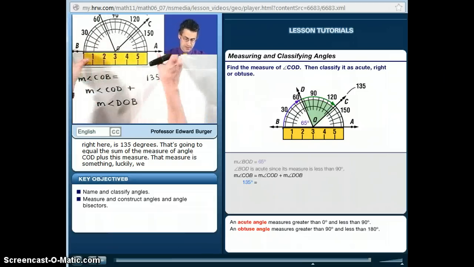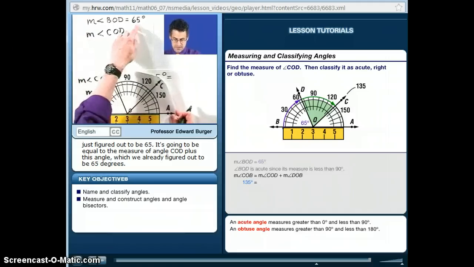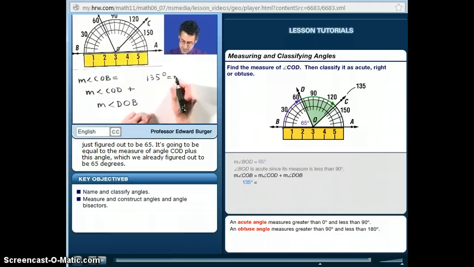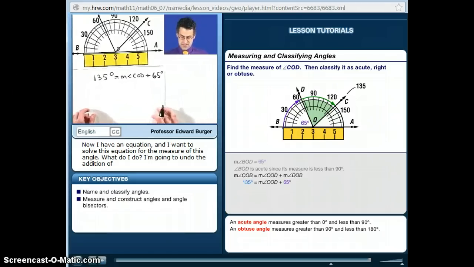But that measure is something that luckily we just figured out to be 65. So it's going to be equal to the measure of angle COD plus this angle, which we already figured out to be 65 degrees. So now I actually have an equation, and I want to solve it for the measure of this angle. So what do I do?